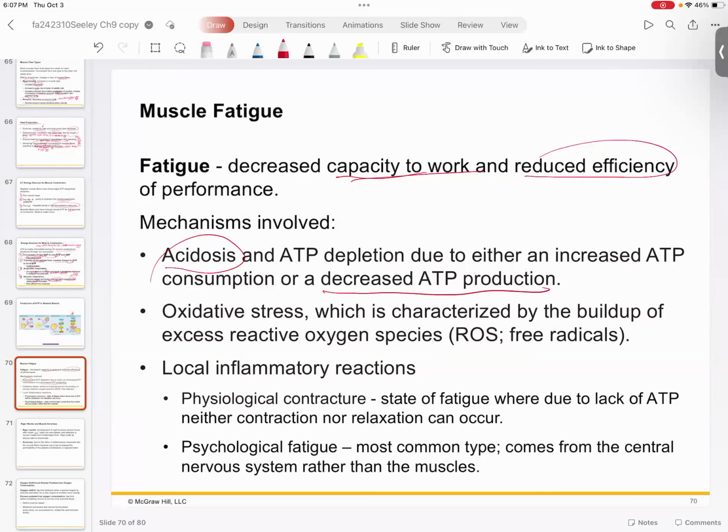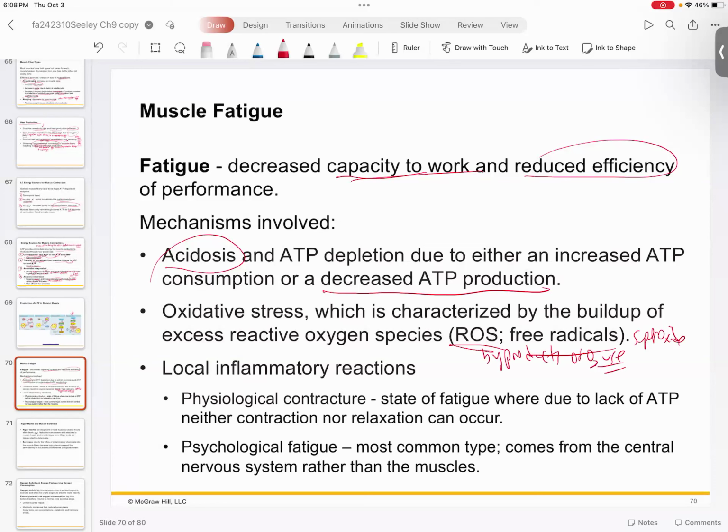Oxidative stress is a situation where you have the buildup of these reactive oxygen species, which we call ROS. So they're free radicals. They're also what's called superoxides. These are the byproducts of oxygen use, right?